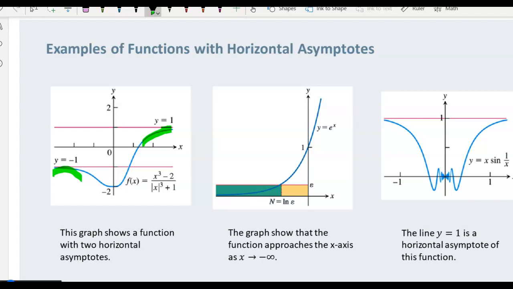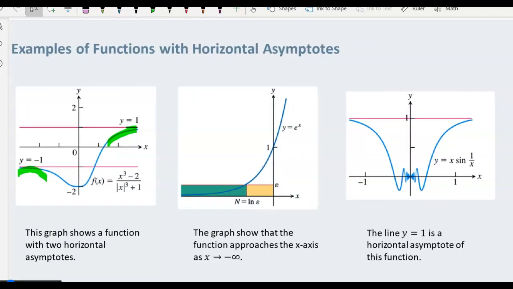For the second graph, you've probably seen the exponential function, e to the x, and the y values approach 0 as x goes to negative infinity. So in these first two examples, we're getting those horizontal asymptotes just either only from one side.